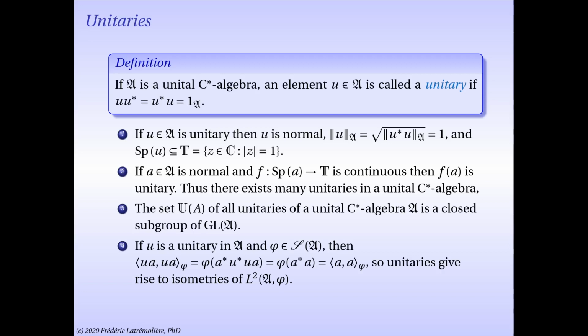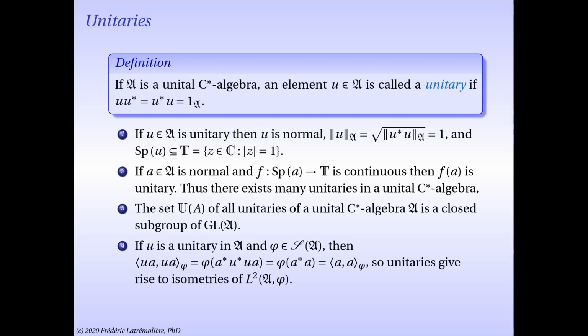It's easy to do because we just calculate that the pre-inner product of UA with UA in the sense induced by phi is phi of A star U star UA, and the U star U in the middle becomes the identity. So it's phi of A star A, which is indeed the square of the norm of the vector A in L2 of phi. So you see that U is an isometry of L2 of phi in the GNS construction.